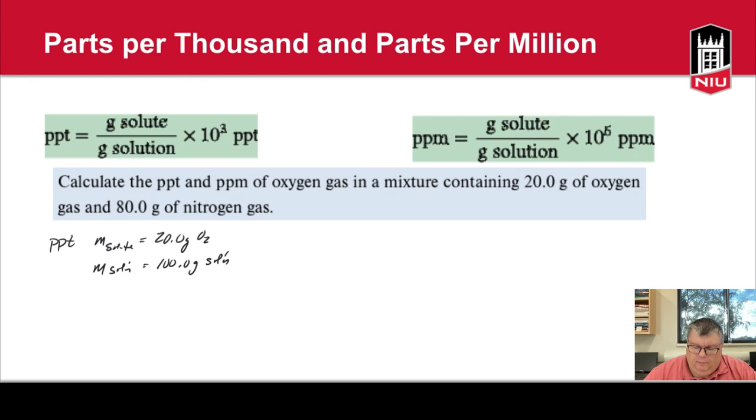But instead of a percentage, we're going to get the thousands. So this is going to be 20.0 grams of O2 divided by 100.0 grams of solution times now 1,000 to make it a parts per thousand. So 20 divided by 100 times 1,000 is 200 parts per thousand.